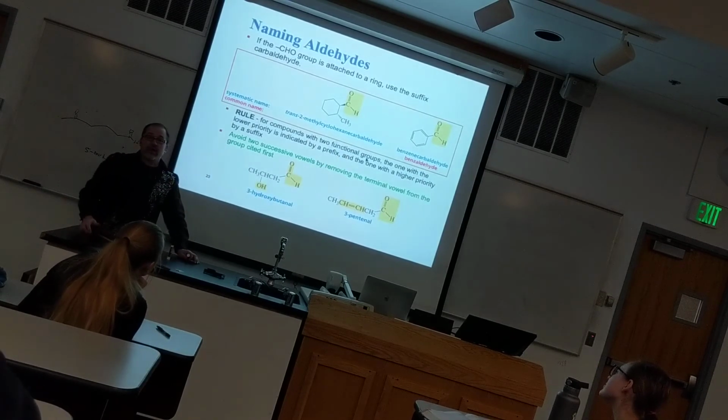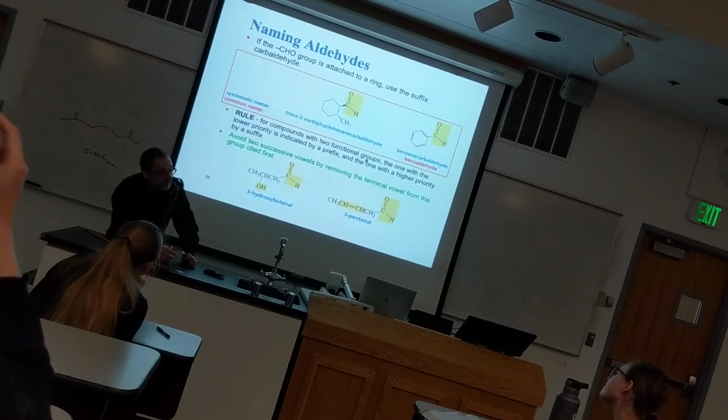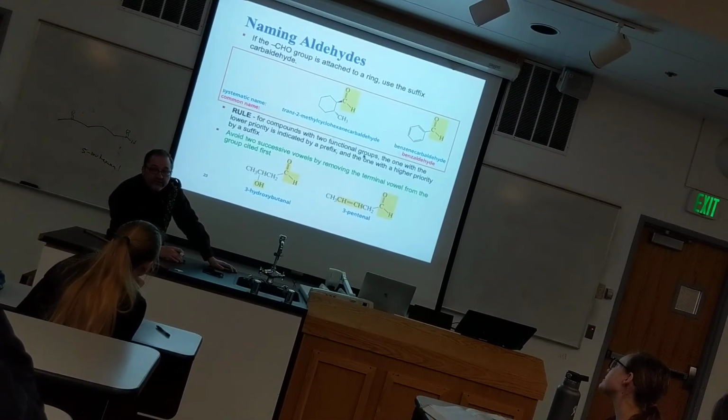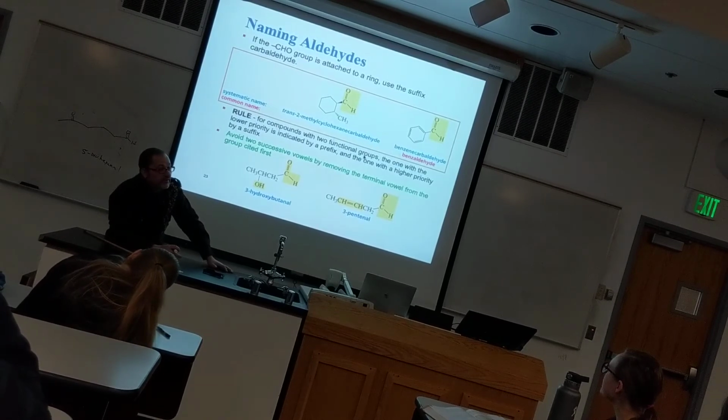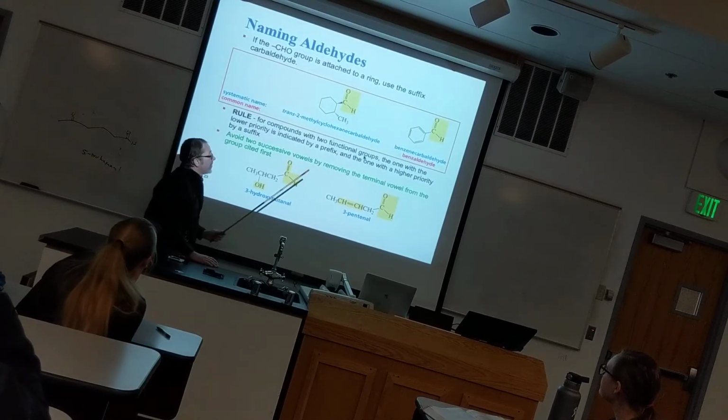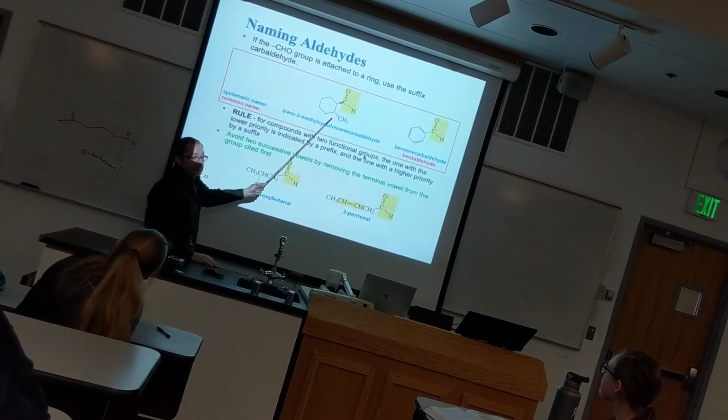Now, all I can say is when you see it in the carboxylic acid, you'll say cyclohexane carboxylic acid. Why can't we just say cyclohexane aldehyde? I don't know. Don't be the messenger. It's just one of the weird things that somebody decided. Cyclohexane carbaldehyde.